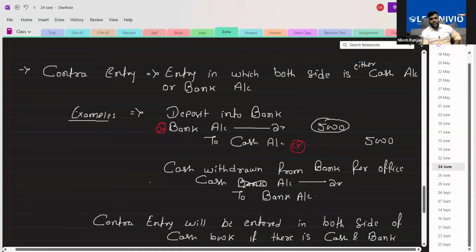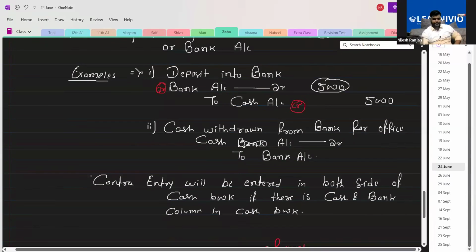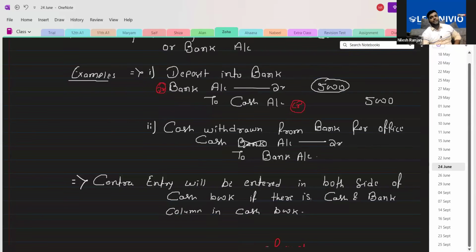Okay, so I have also written the examples: cash deposited into bank and cash withdrawn from bank for office use. Entry number 1 or entry number 2, these two examples are contra. A contra entry will be entered on both sides of the cash book if there are cash and bank columns in the cash book, not a discount column.